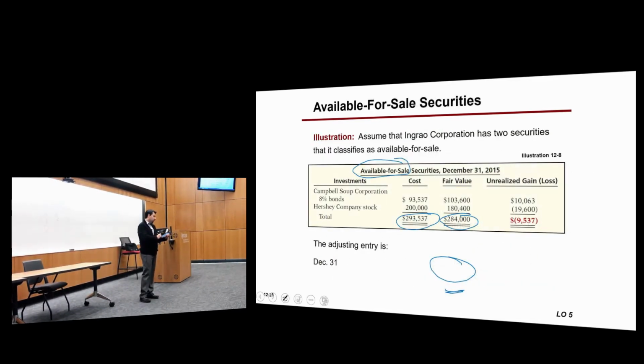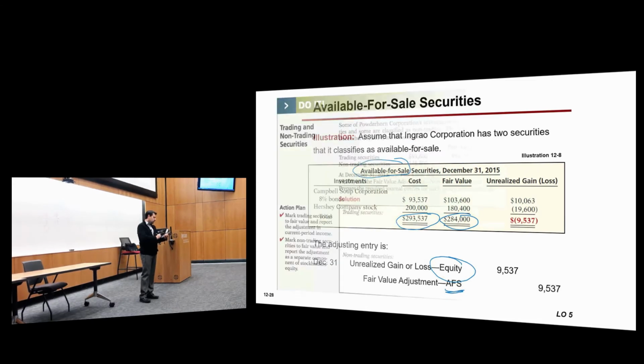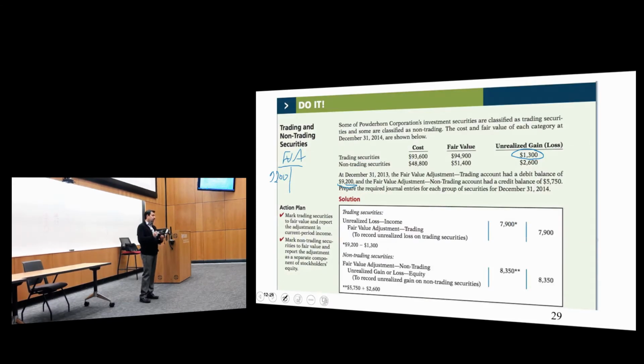So here, we know that at the end, the balance is supposed to be 1,300. Because it's a gain, the gain will be credited. Think about it this way: we have a gain, as a result fair value adjustment is debited and gain will be credited.